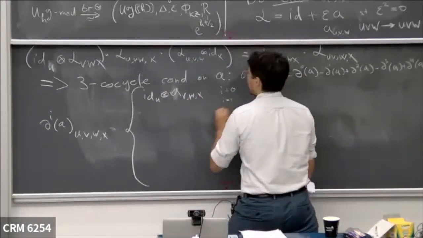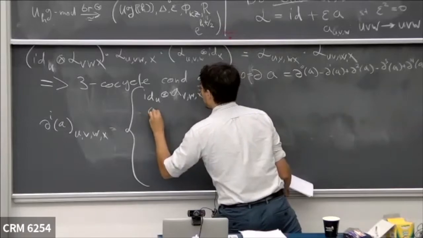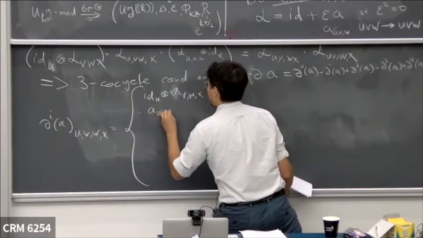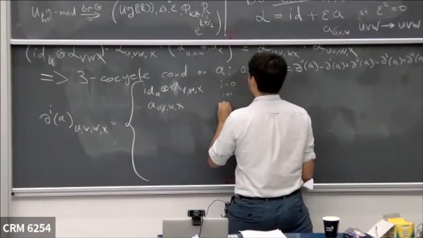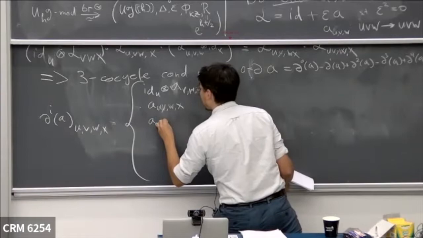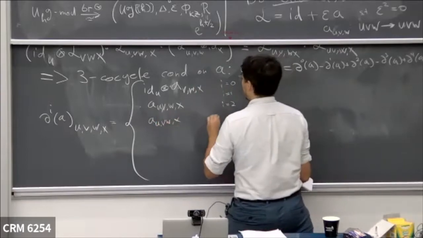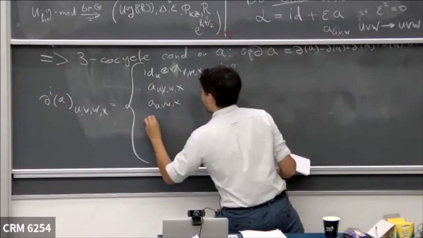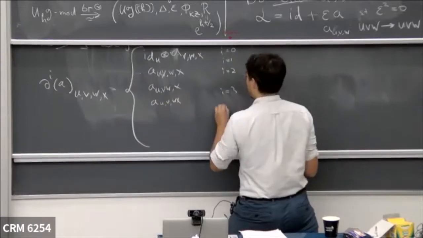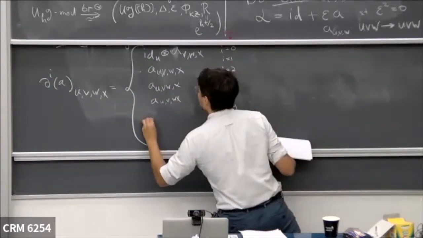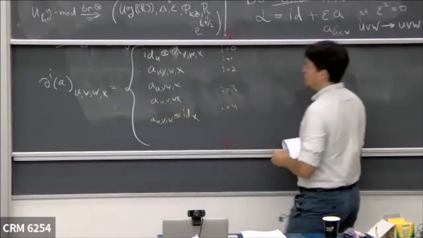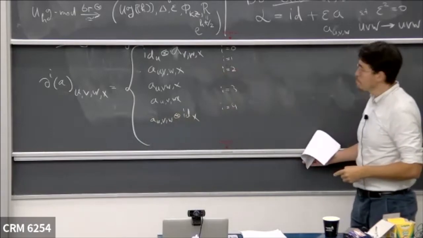If i equals 1, you just apply A on U tensor V, and then W, and X. If i is 2, you multiply in the argument of A the second and third, and if i is 3, we do the same with the third and fourth, and if i is 4, we apply A on the first 3 arguments and do nothing on the fourth. Okay, so the pattern is very clear, I guess, right?